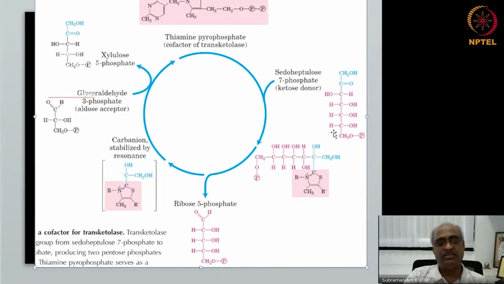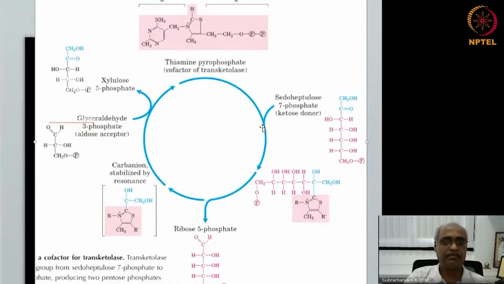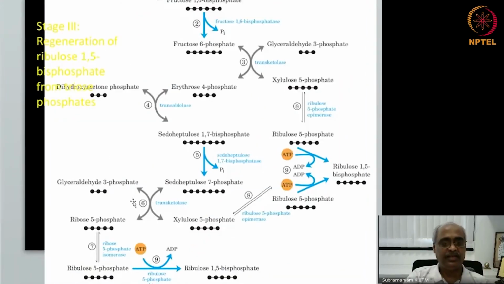So this is how this transketolase transfers these two carbons to glyceraldehyde, making xylulose 5-phosphate. So this is the importance of thiamine pyrophosphate. Thiamine, remember, is one of the B complex vitamins. Its deficiency causes beriberi, and which is fatal. So that is this reaction.